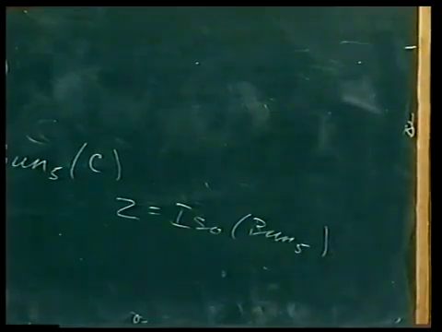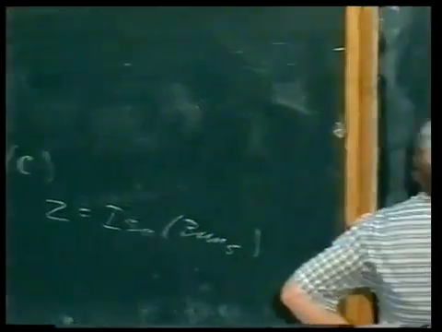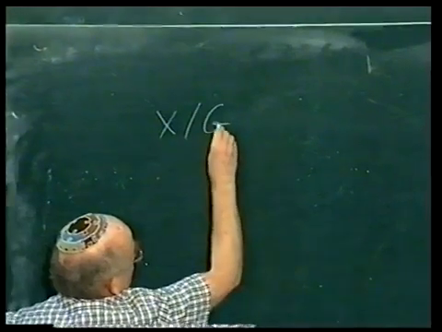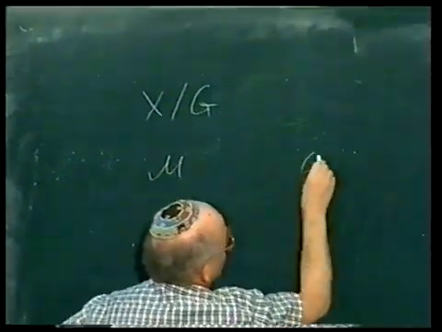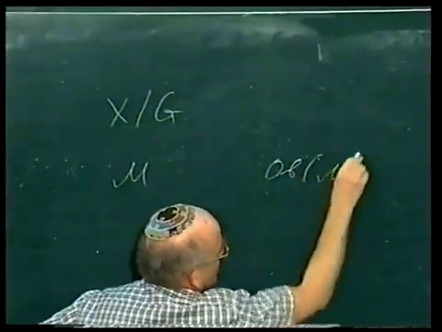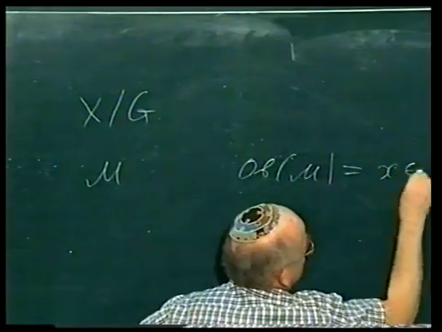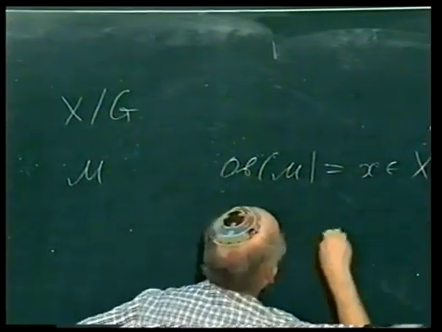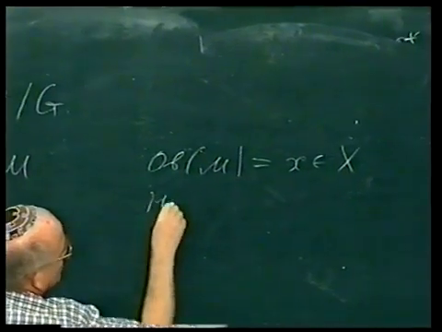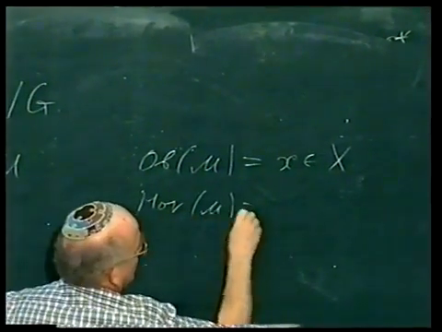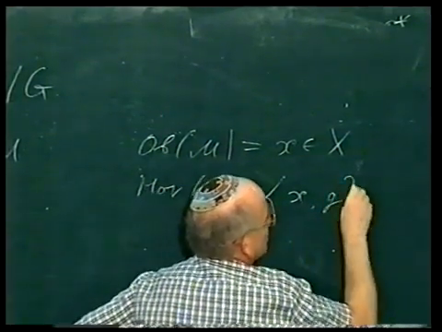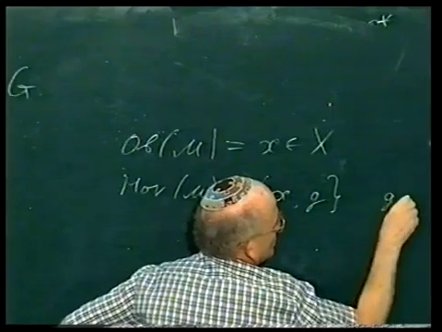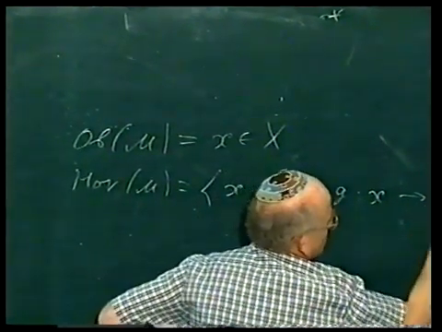So one typical example of a stack is this X modulo G. I can think about this in the following way. I consider a category M such that the objects of M are just points of X, and the morphisms of M are pairs, a point of X and an element of G, which I consider as a morphism from x to gx.